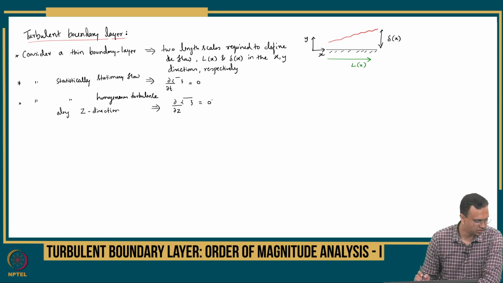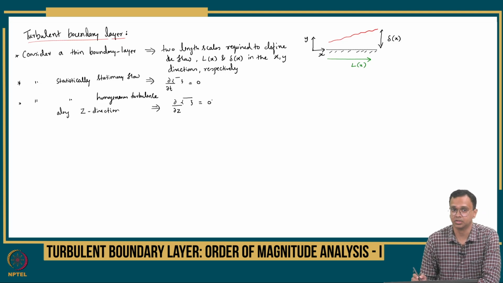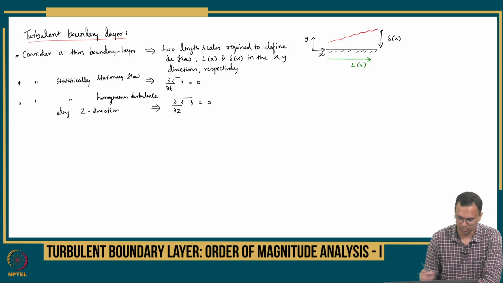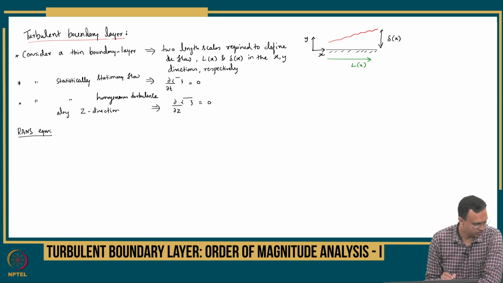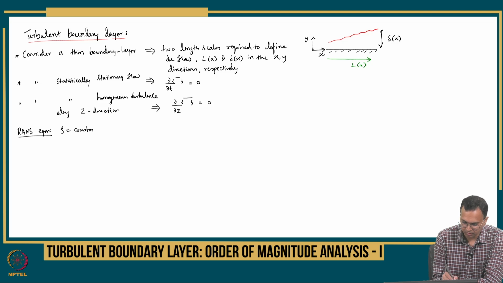So with this condition, now we will look into our Reynolds equations. What happens to the Reynolds equations? Consider constant density isothermal flow. So rho is constant, which means it's isothermal flow.